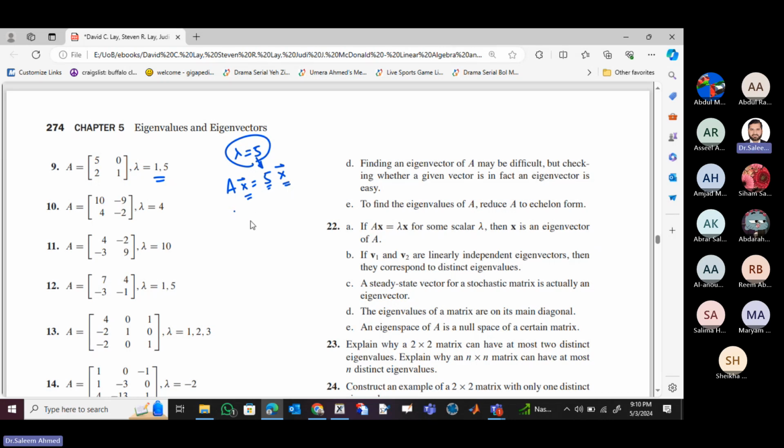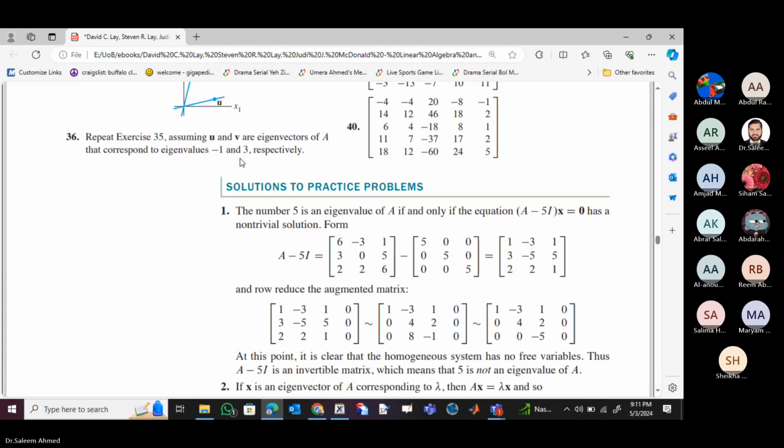It means I have to solve this system, going back to chapter 1. So if the eigenvalue is given, I can find the eigenvector. If the eigenvector is given, I can find the eigenvalue. The problem is when both are not given, what should I do? From scratch.